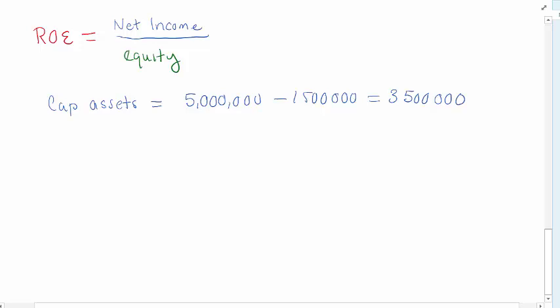And we know that our capital asset turnover ratio is going to be equal to our sales divided by our capital assets.